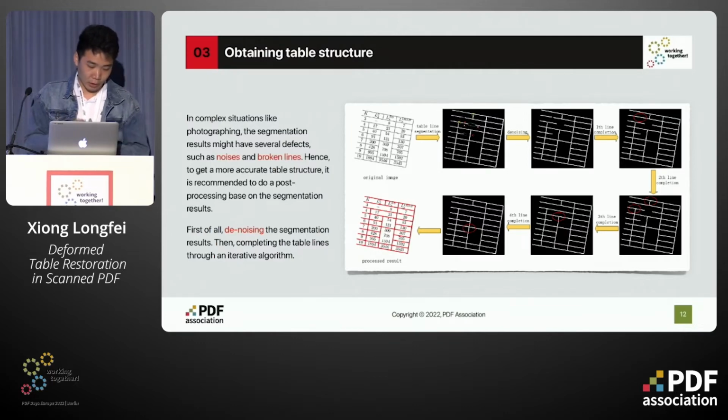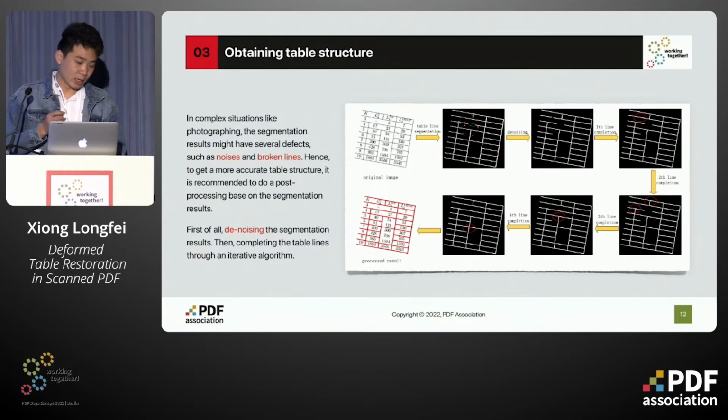First, denoise the segmentation results by removing isolated short lines and points, and then complete the table lines by a bunch of table line completion algorithms as shown in the figure.